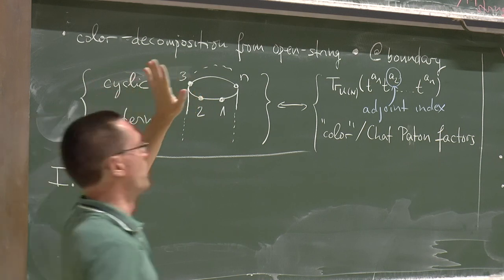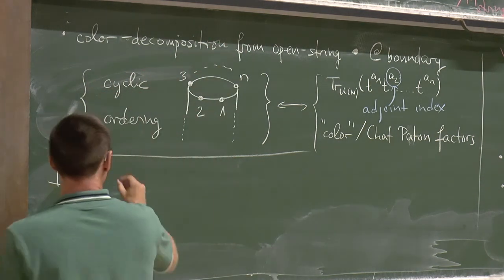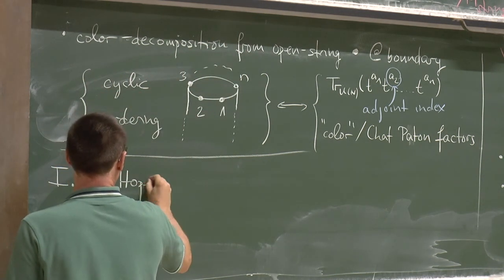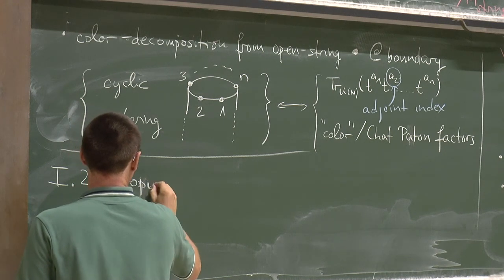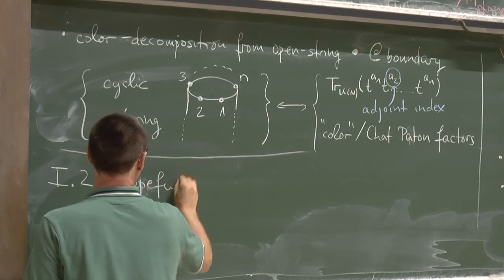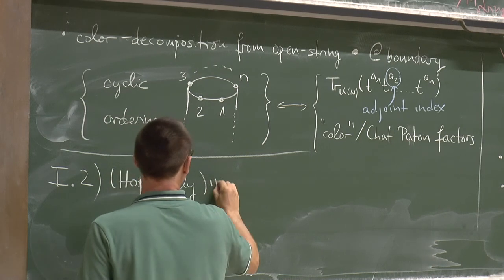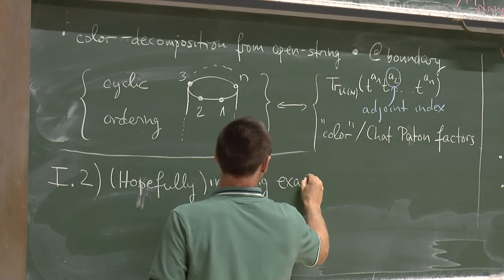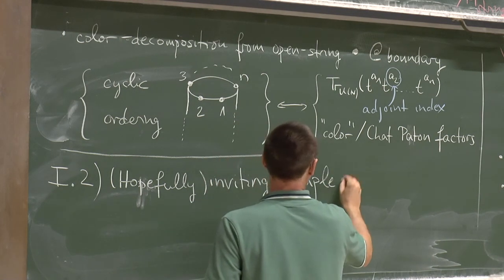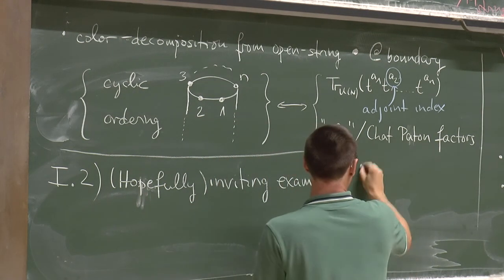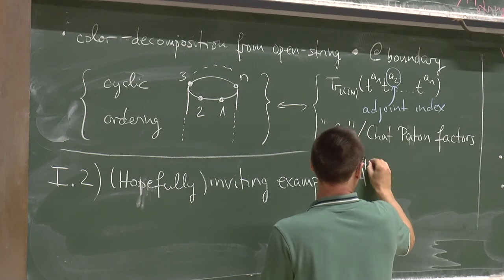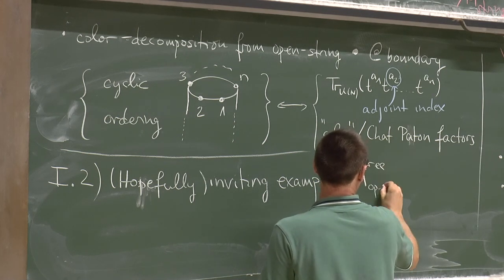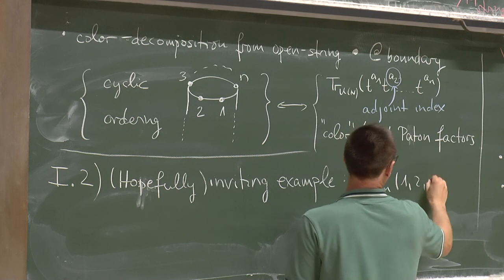So let's zoom onto one of these many worldsheets on the blackboard and take as a hopefully inviting example the 4-point open string tree-level amplitude.